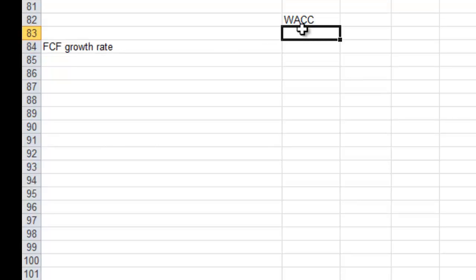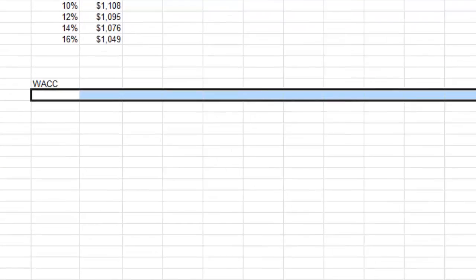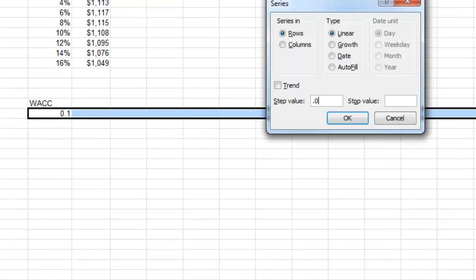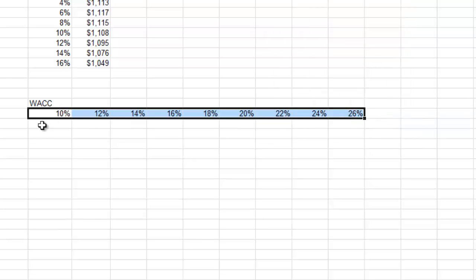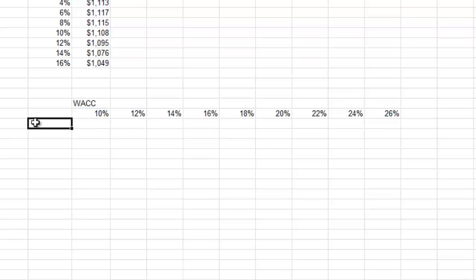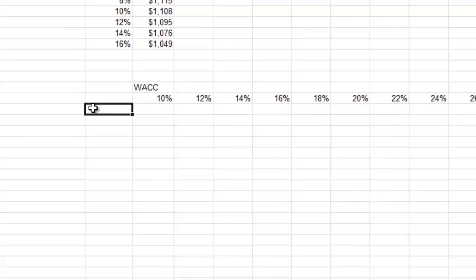Let's vary the cost of capital from 10% to 26%. We'll start out with 0.1, vary it by 2% increments, so we get that, and growth rate in free cash flows will go from 0 to 16%.